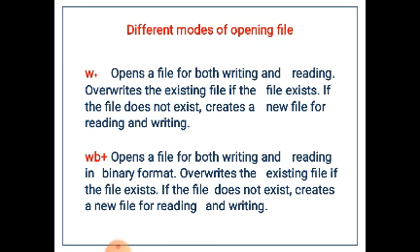Now W plus opens a file for both writing and reading. Similarly, it overwrites the existing file if the file exists, and if the file does not exist, it creates a new file for reading and writing.